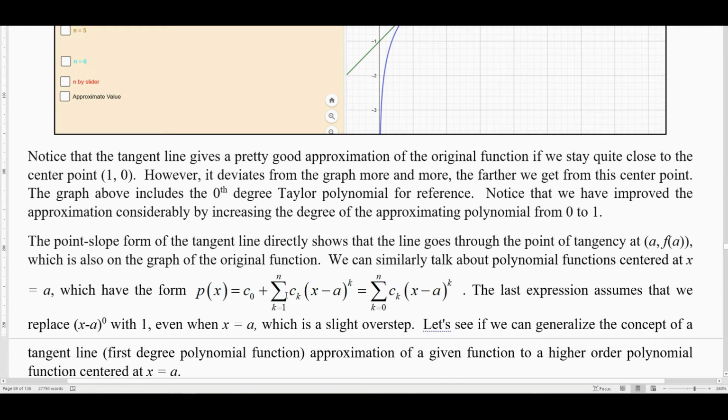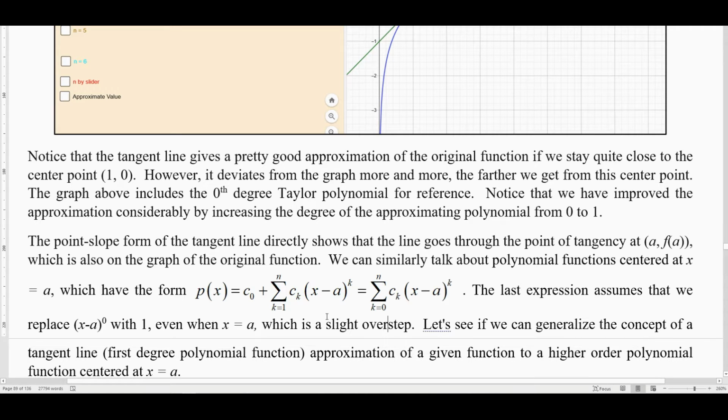We could rewrite this as just saying it's the sum from k equals 0 to n of c sub k times (x minus a) to the k, if we're okay with one little thing. When k is 0, the 0th term is (x minus a) to the 0, which is 1, times c sub 0, which is c sub 0. That all works out great, except when x is a, and then you've got 0 to the 0, which is undefined.